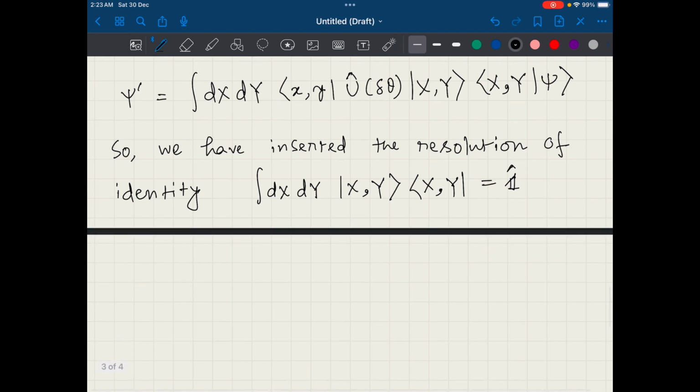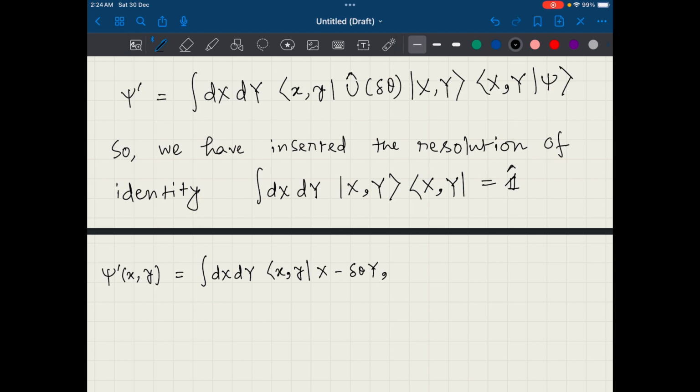Now we have psi prime of x y is equal to the integral dX dY of x comma y with U. This becomes x minus delta theta y.